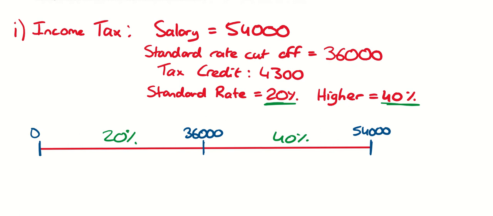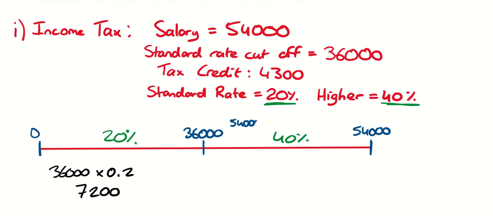Okay, so the first part that he has to pay is 36,000 at 20%, so 36,000 times 0.2, which is 7,200.